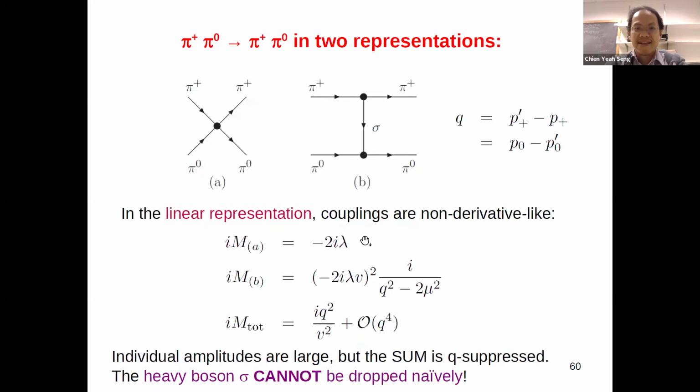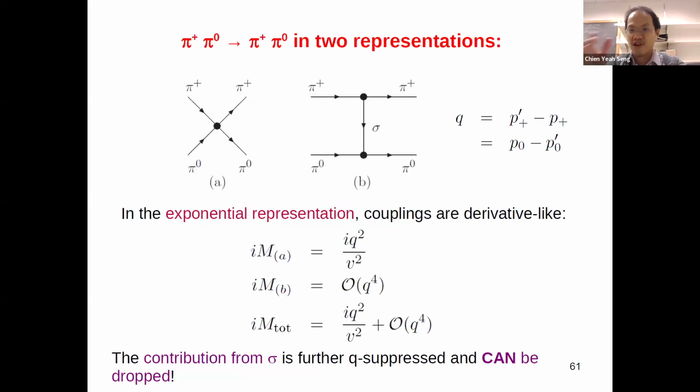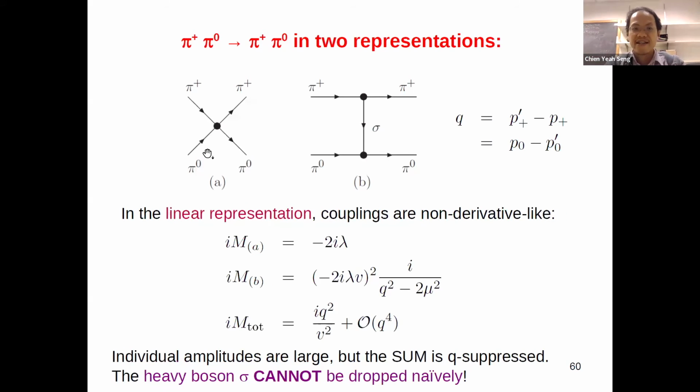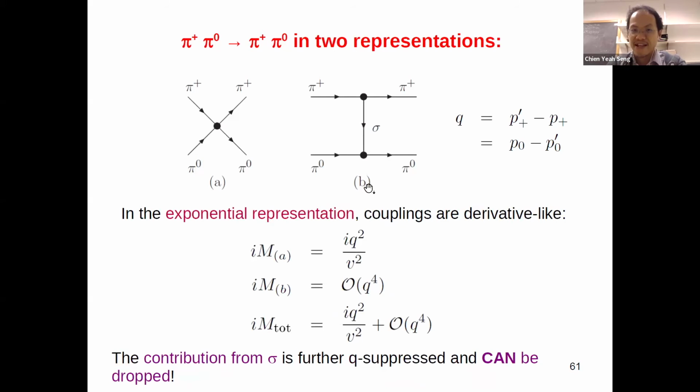So you find that the linear and exponential representations actually give you the same result for the pi scattering amplitude, but you obtain the final result with different degrees of difficulty. In the linear representation, you have to compute both diagrams, but in the exponential representation, the second diagram is by itself suppressed.